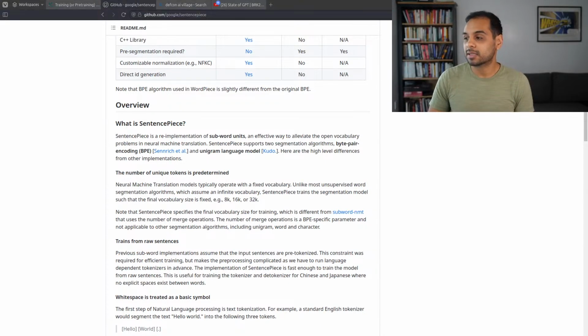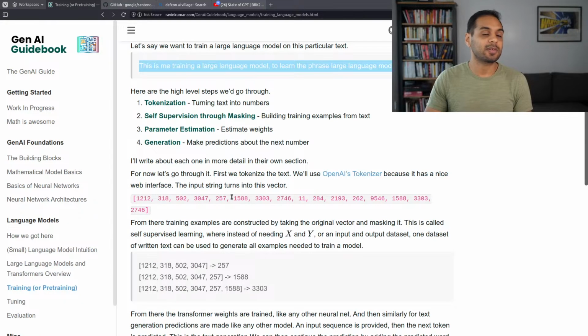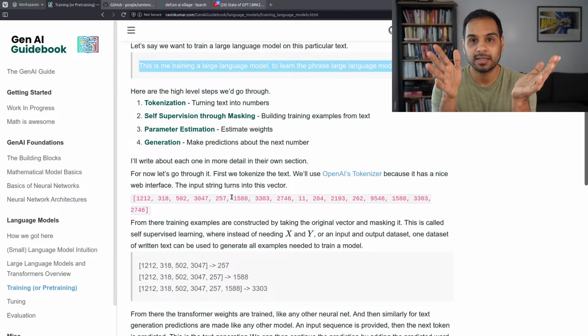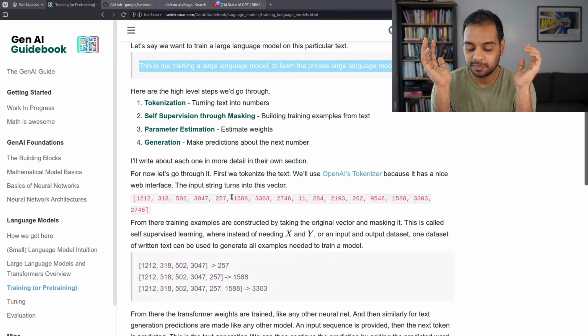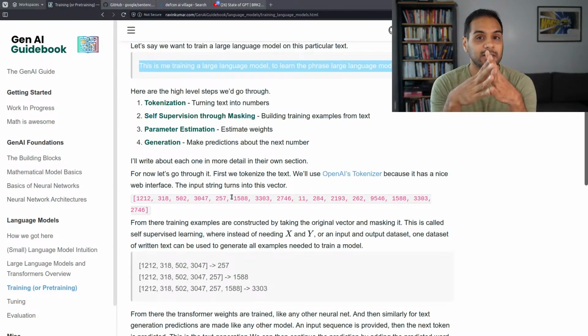We won't go into the details of the tokenizer here, but suffice to say, the first thing we do when training large language models, or anybody does when training large language models, is convert a sentence into discrete numerical representations. And while there's a bunch of different strategies to do that, the actual strategy that's used for most large language models in production is using a tokenizer.